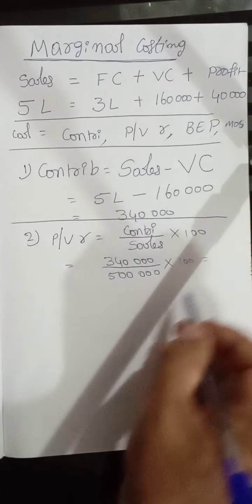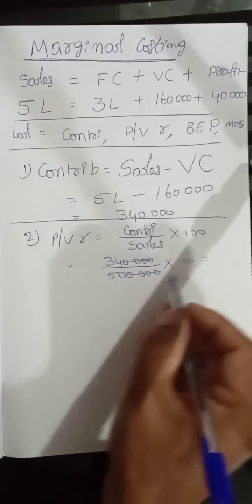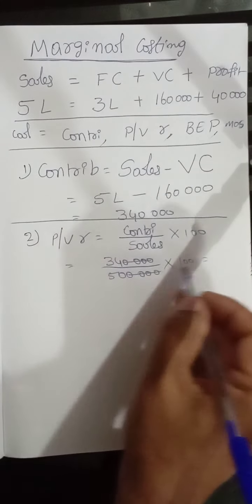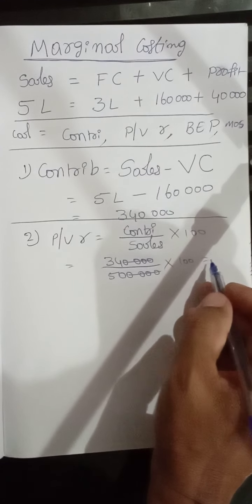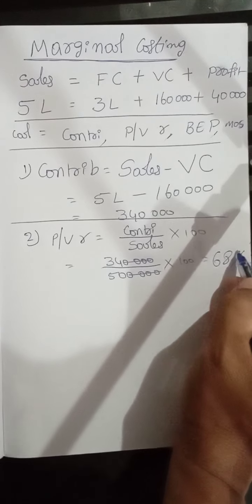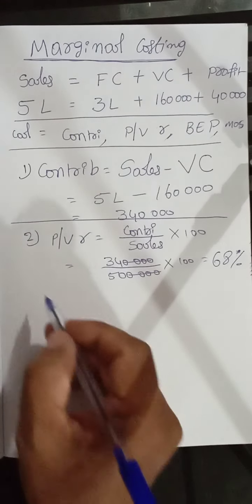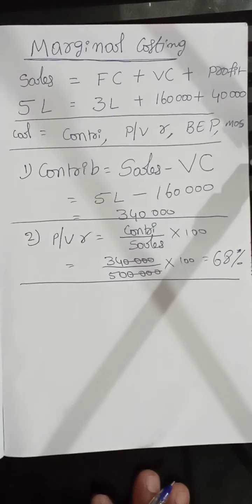Here 4 zeros cancelled. Here 34 into 100 divided by 50 equals 68%. The answer is 68%. This is the P by V ratio formula.